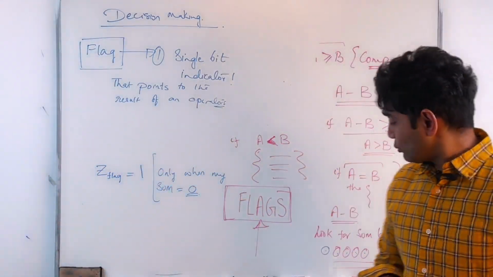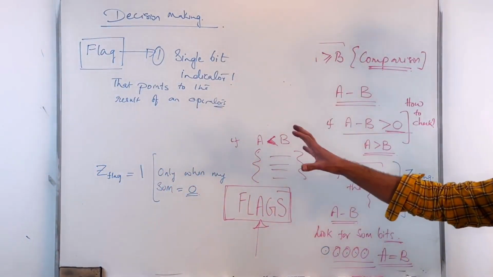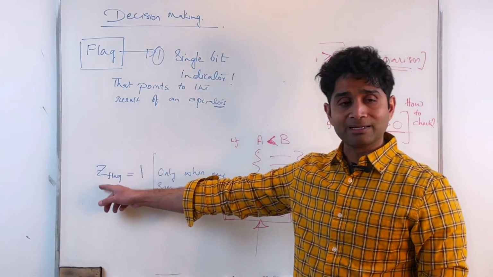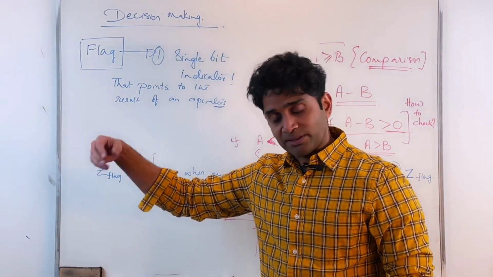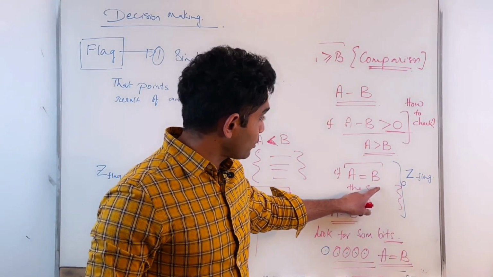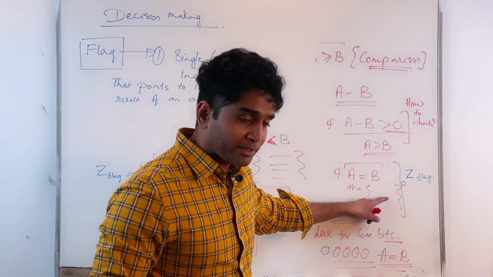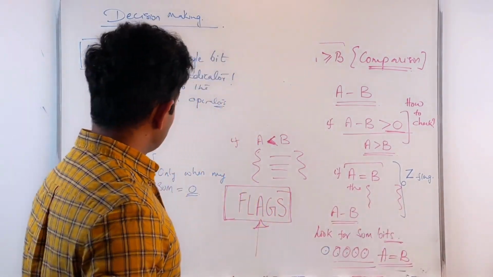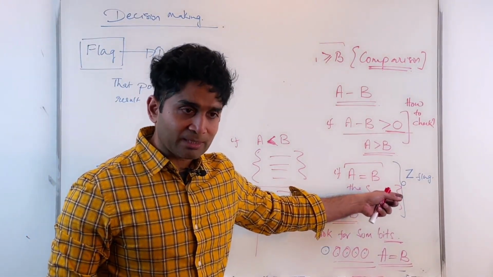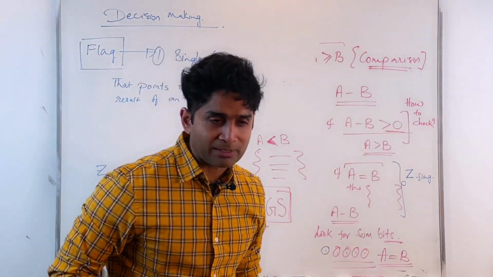So if I configure the zero flag, I don't have to look at each individual bit. I can simply look at my Z flag. If my Z flag is 1, then this particular condition is satisfied and whatever code you have written can execute. If the Z flag is not set, then this condition is not satisfied, and I'll look for the other condition, and the other set of code will execute.